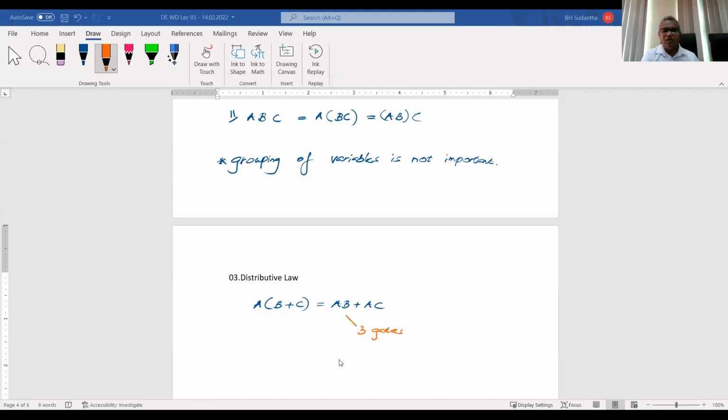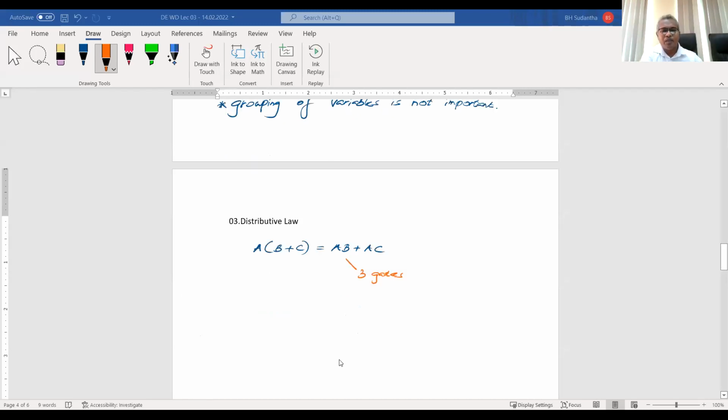Sorry. Then here we have to use 3 gates. But here, to combine this one OR gate, and to make this one 2 gates. It doesn't matter. Same results you can obtain.